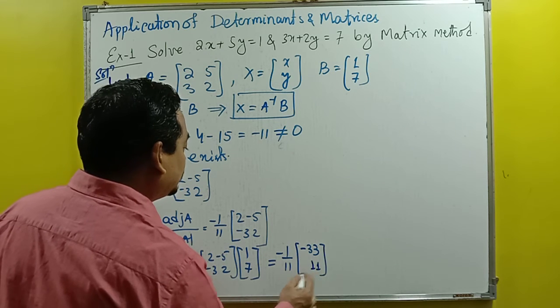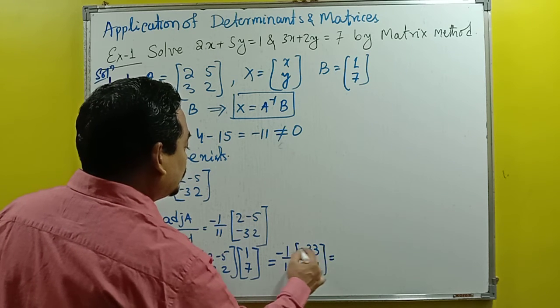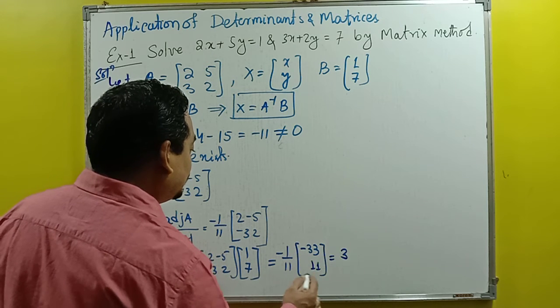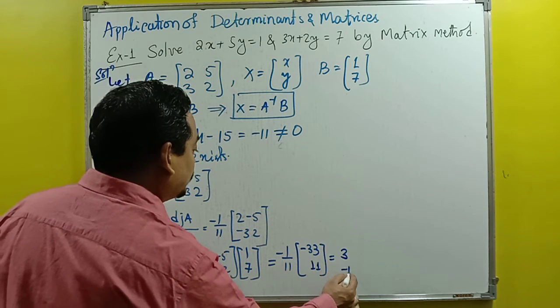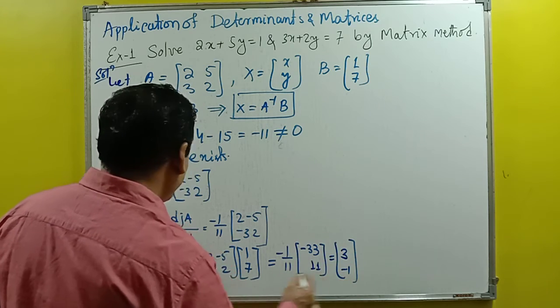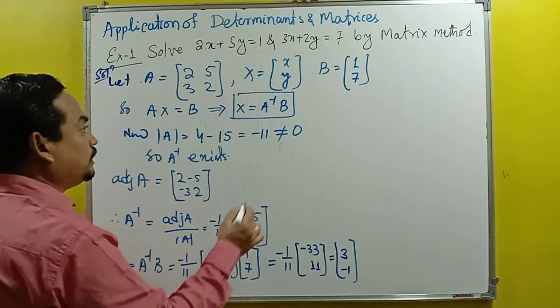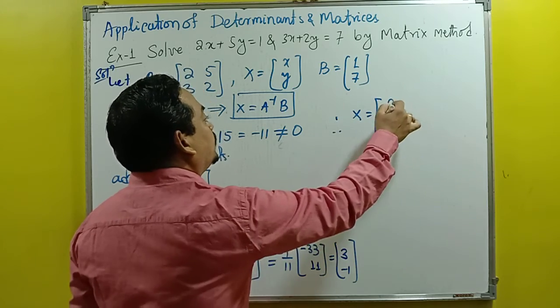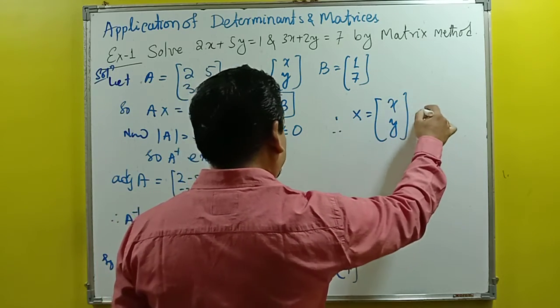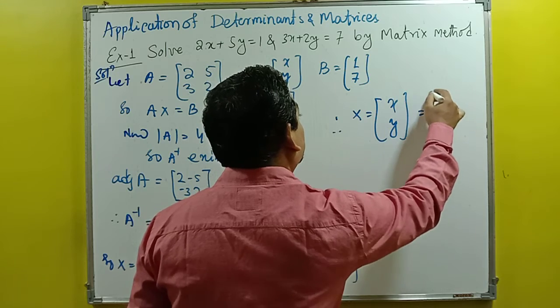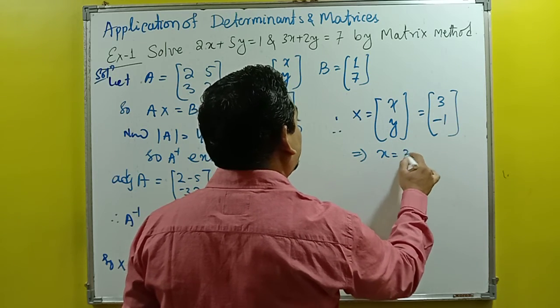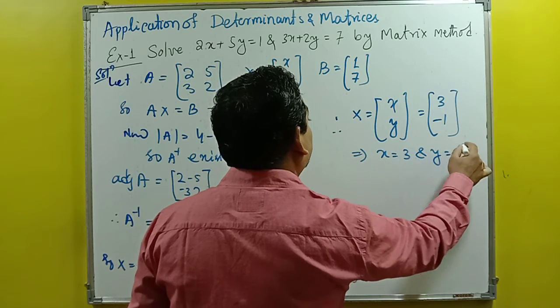Then what are you getting? This is equal to minus 1 by 11 into minus 33, it is equal to 3, and this will be equal to minus 1. Now this is your X matrix. Therefore X, which is x, y, is equal to 3, minus 1, and that implies x is equal to 3 and y is equal to minus 1.